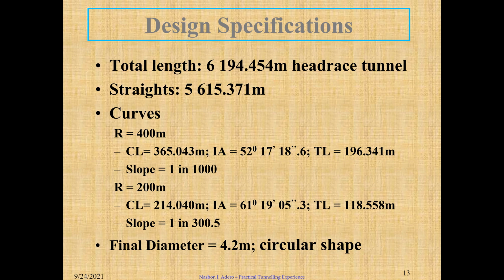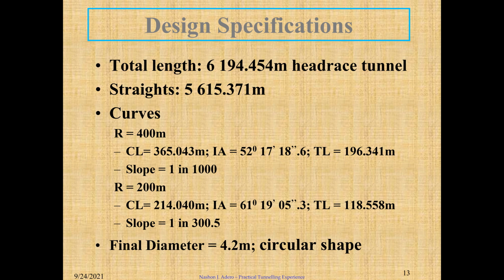We also had another section with a curve designed to have a radius of 200 meters, and that curve length, intersection angle of that one. This intersection angle we talked about before is equal to the angle at the center. So this is your theta. And you know very well that if this is your theta, then that delta, that angle delta, which you drew very well, is theta over 2.